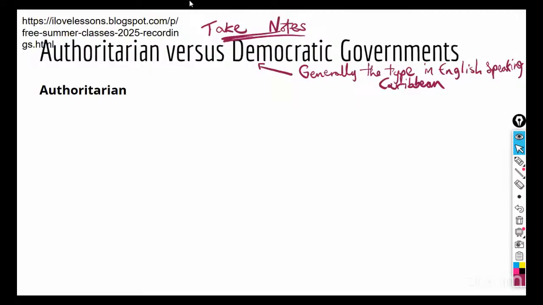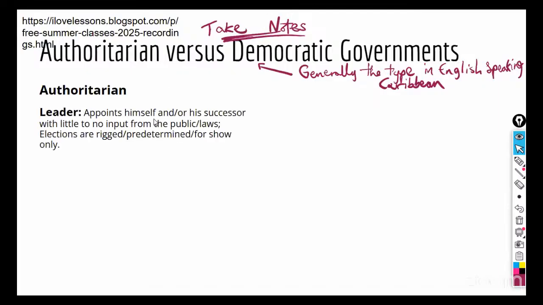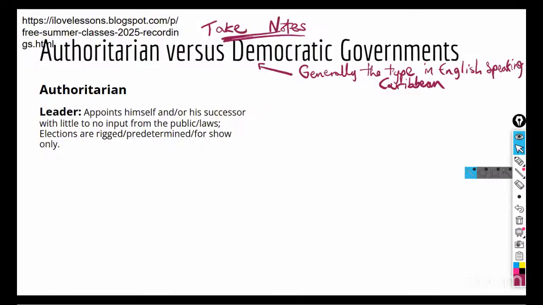All right, so authoritarian governments tend to be governments where the leader decides he's the leader. So people don't vote him into power, or her, but it tends to be male, right? They appoint themselves. And then when they are on their way out, because they're going to flee the country or they're going to die from an illness or old age, they appoint their successor.